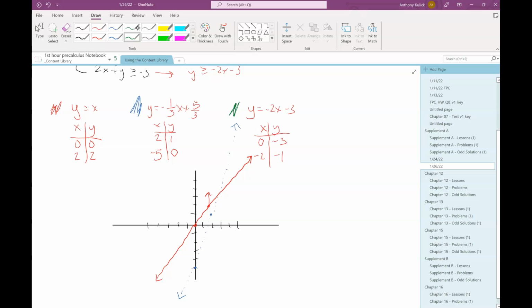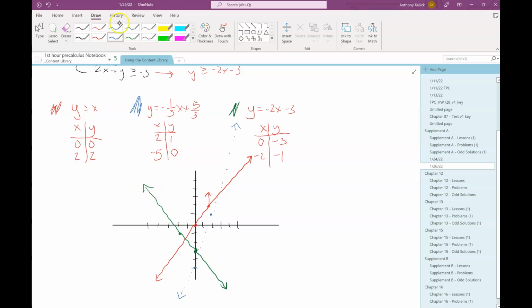If I had a ruler that I could use on my screen, that would help, but that's life sometimes. And then we have 0, negative 3, and then negative 2, negative 1. And this was an or equal to inequality, so I'm going to draw that with a solid line.